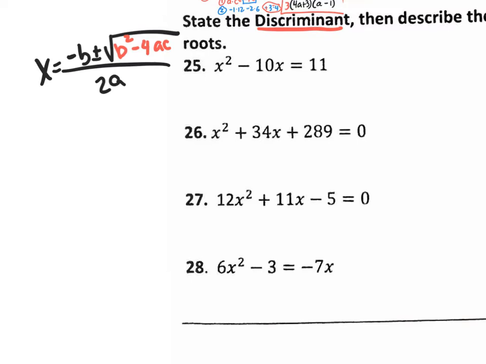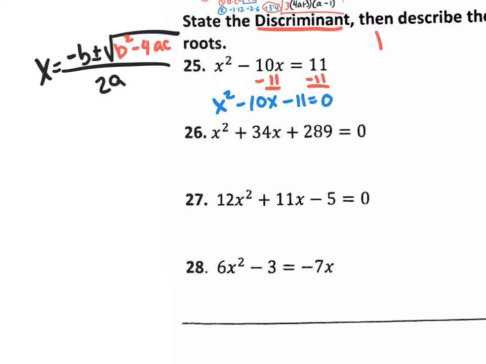So they want us to state the discriminant, and the only way to do that is to make sure that your equation's in standard form to begin with, so you could identify the b, the a, and the c. So let's get rid of that 11 by subtracting 11, and we're going to have your new quadratic trinomial equation, x squared minus 10x minus 11 equals 0.